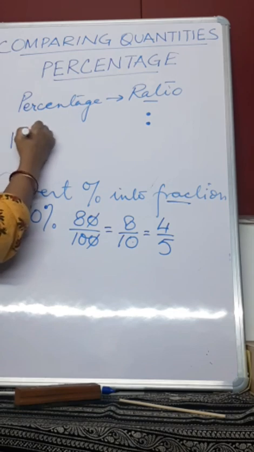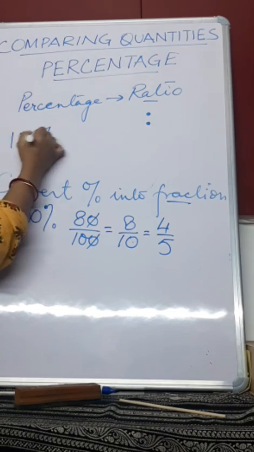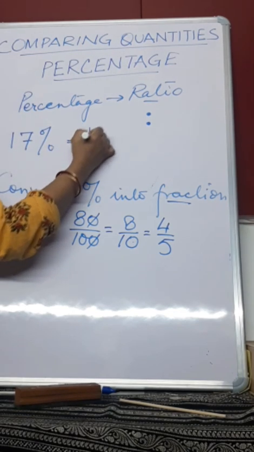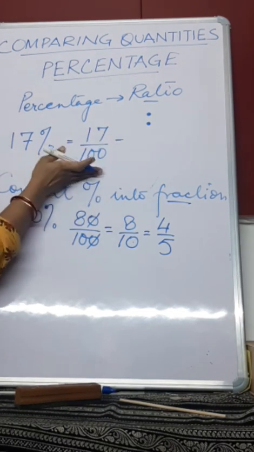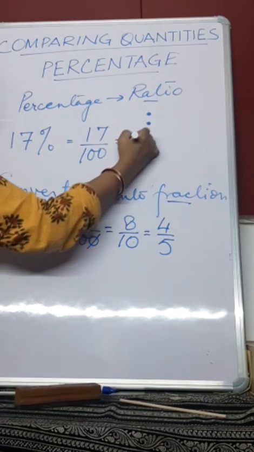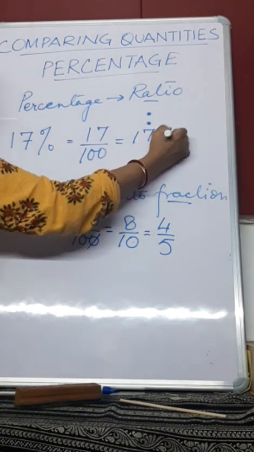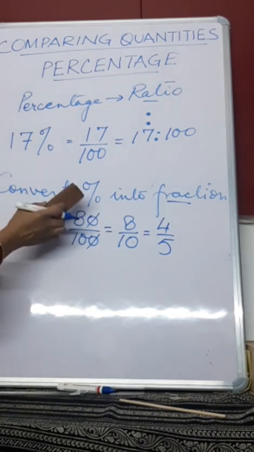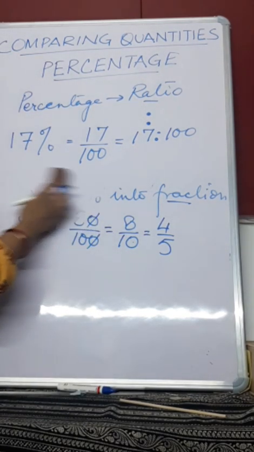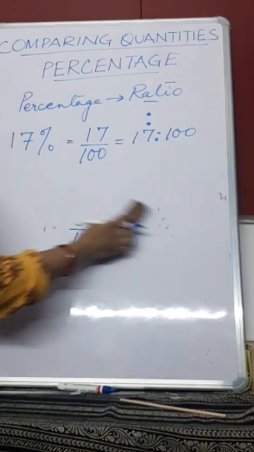So let's find out if the percentage is 17%, what is the ratio? Ratio will be 17 by 100. It is the fraction form of percentage, and then we change it into ratio. 17 and 100 are co-primes, they cannot be cancelled. So our ratio is 17 by 100.